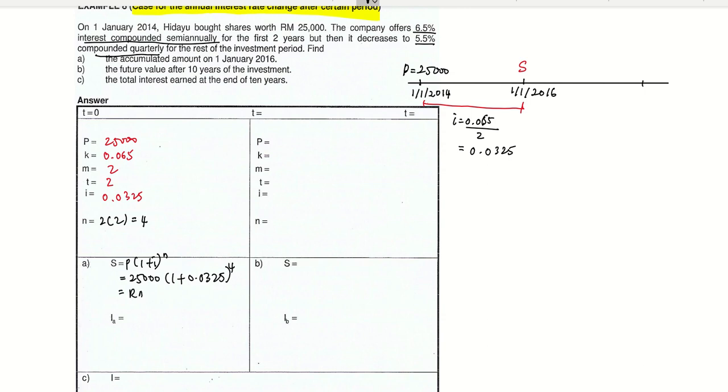So the amount is 28,411.9. And then for question B, find the future value after 10 years of the investment. Meaning that we want to find the future amount on 1st January 2024, 10 years.